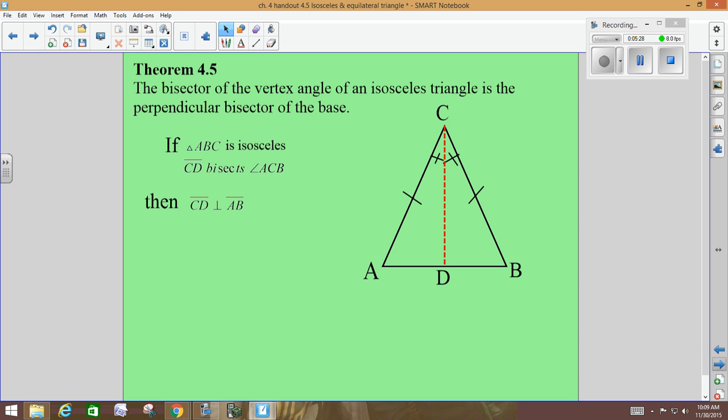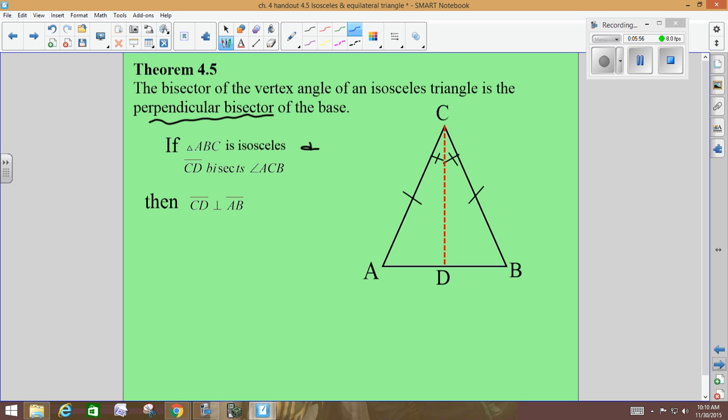So if triangle ABC is isosceles, and CD bisects angle ACB, angle ACB, that's the vertex angle. So if your vertex angle is being bisected, then you can conclude that the bisector, CD, is the perpendicular bisector of the base. What does it mean if two things are perpendicular?